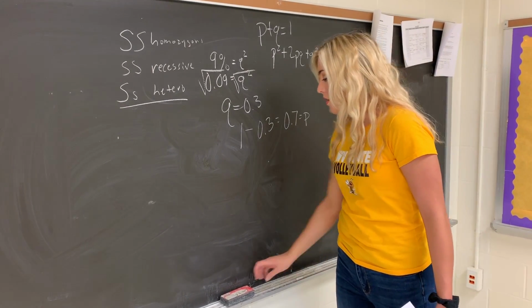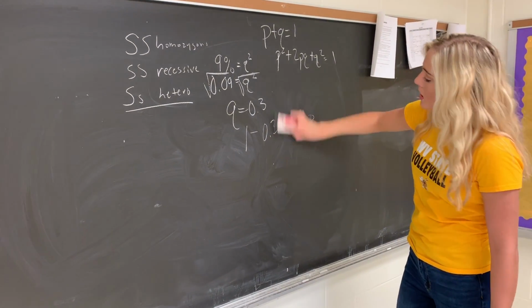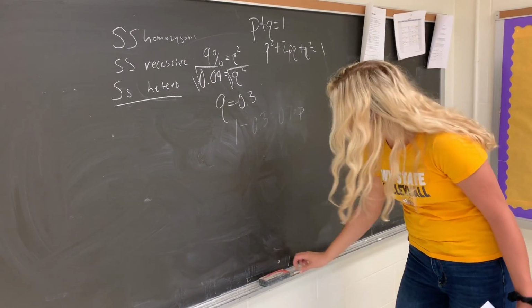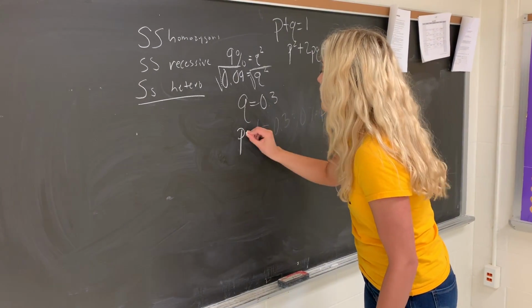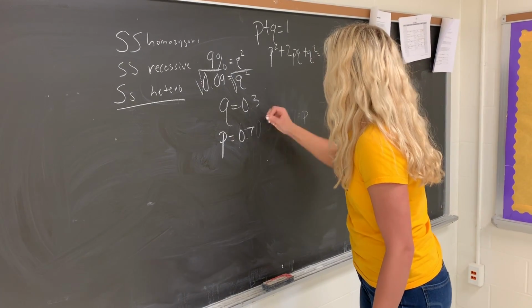I'm going to erase part of this so I have room to work down. So we know that P equals 0.7.